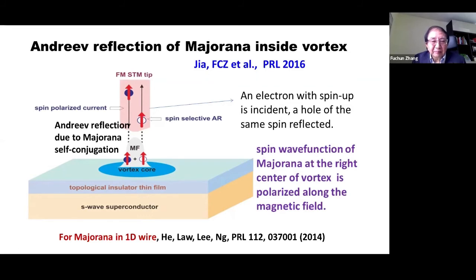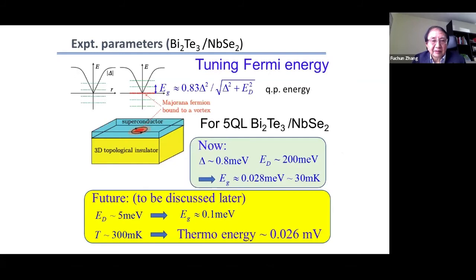And the interesting part is the Majorana inside the vortex core, the spin wave function at the center of vortex is completely polarized along the magnetic field, okay. So that tells you that if you apply different spin polarization, you will see different angular refraction, which contributes to the tunneling conductance. Okay. So that's some experiment, some detail about the tuning Fermi energy, which is important for experimentalists.